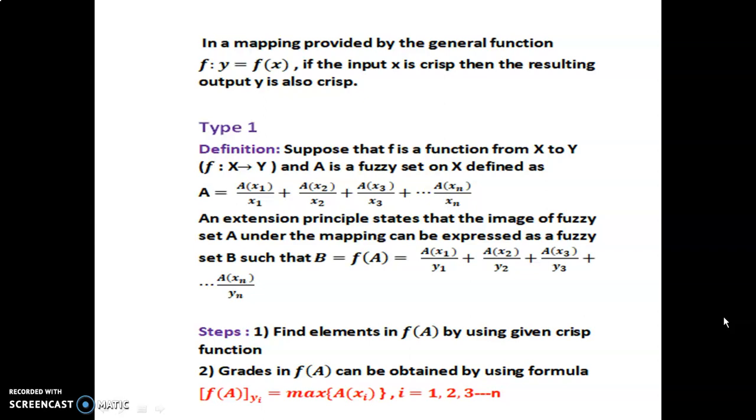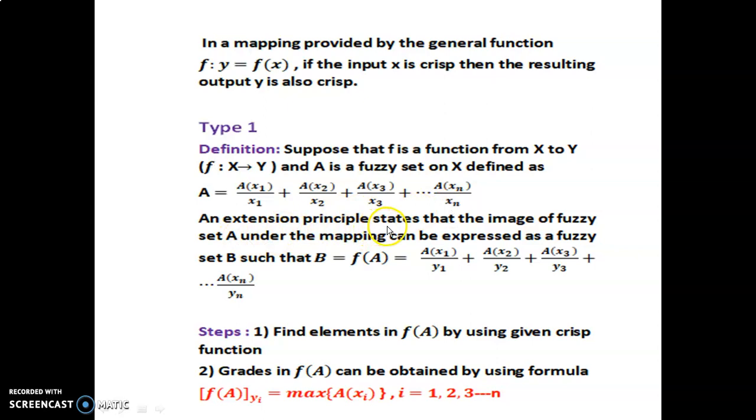Type 1 definition. Suppose that f is a function from X to Y and A is a fuzzy set on X defined as A equal to, for the element x1 the grade is A of x1, for the element x2 the grade is A of x2, and so on.